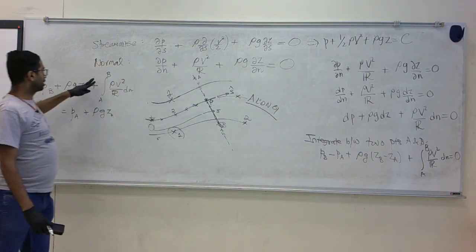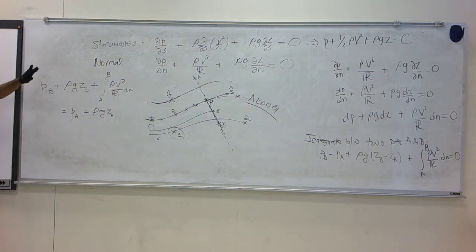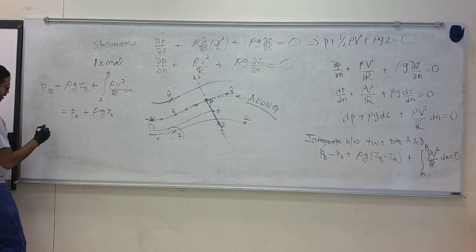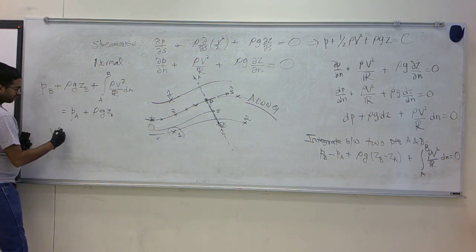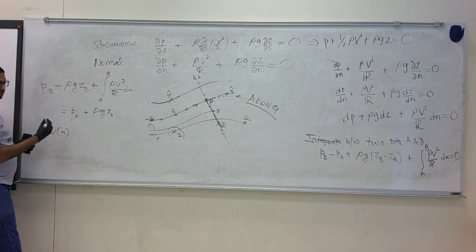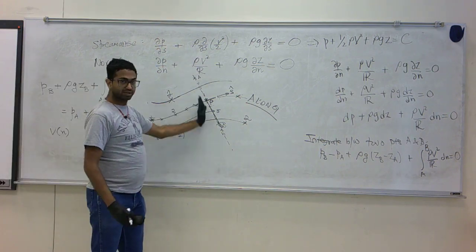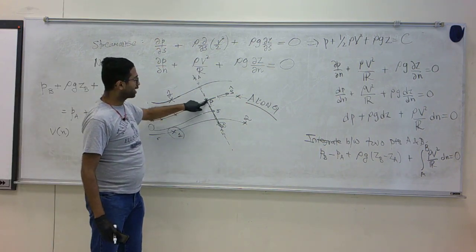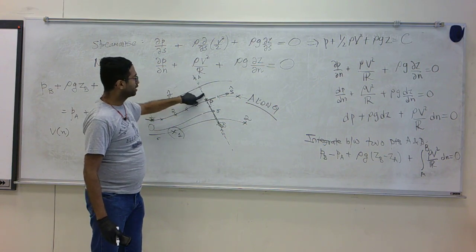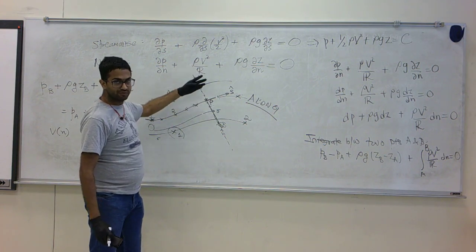The normal component of the force balance leads us to an equation that looks like this, and it is important to note that the velocity may be varying in this direction. That is, in this streamline you might have a certain value of v. In the next point the value of v could be different.